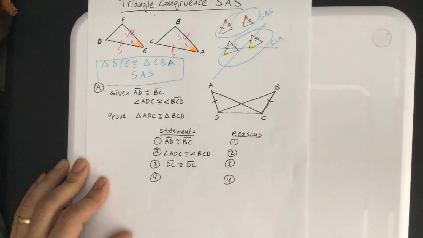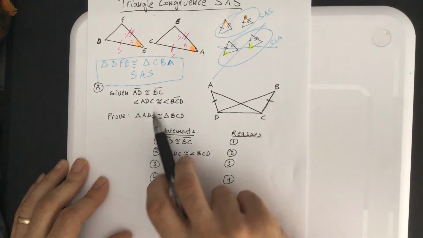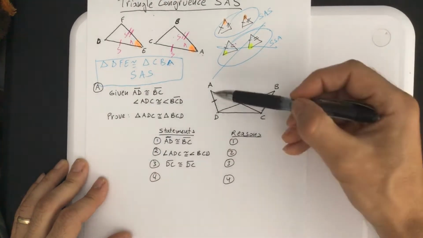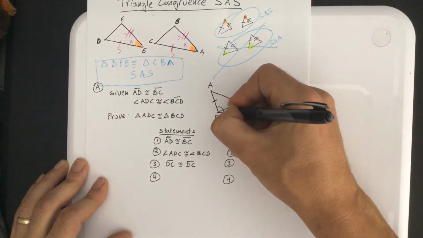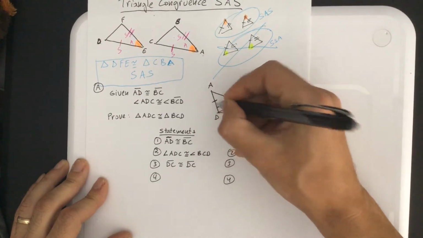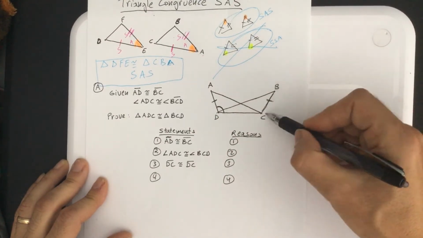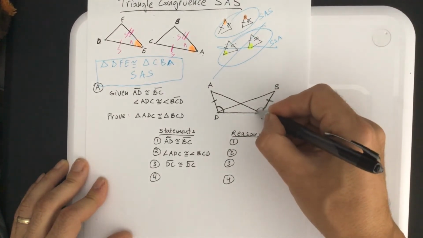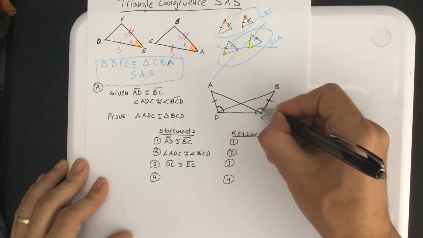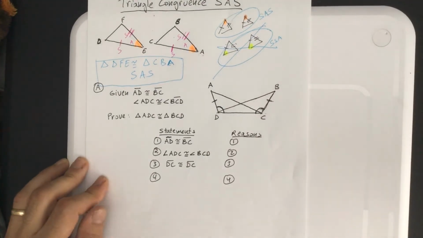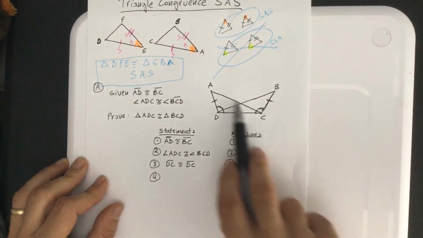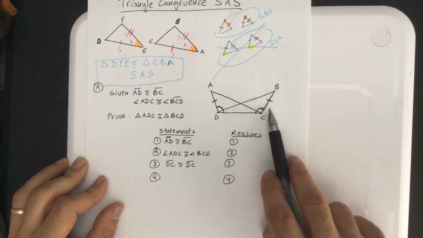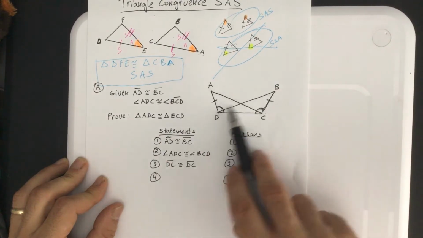We know that angle ADC, so we're talking about this angle, is congruent to angle BCD. It's congruent to this angle here. They want you to prove that triangle ADC is congruent to triangle BCD.